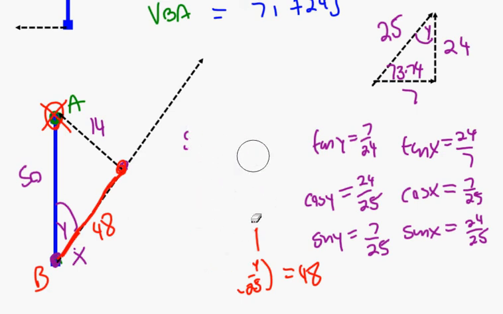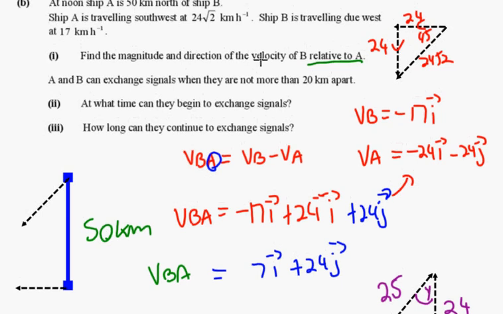Initially, we're 50 kilometers away. At a certain point in here, what's going to happen is we're going to reach what distance away? Can anybody tell me? I'll denote it in green. What distance is that green line? According to the question, we want it to be 20.